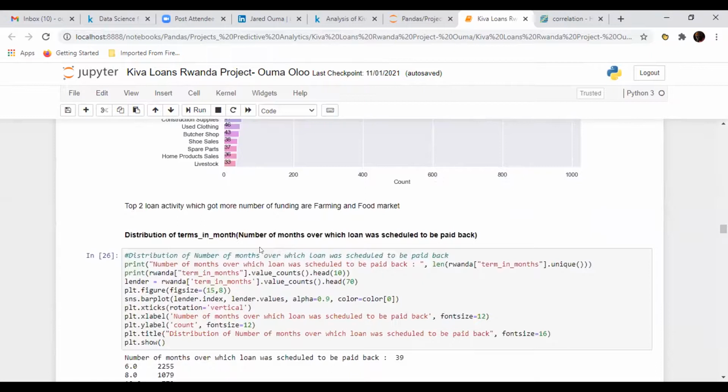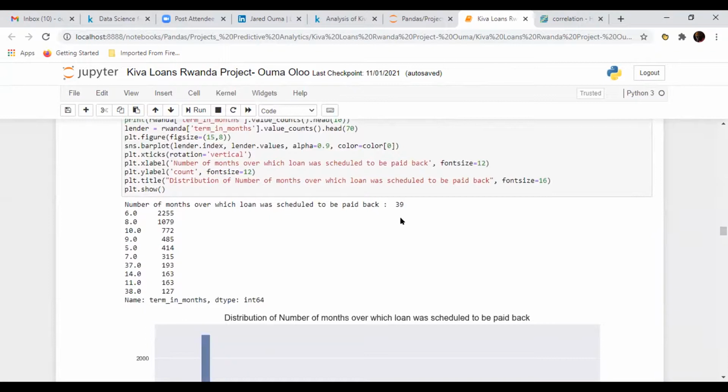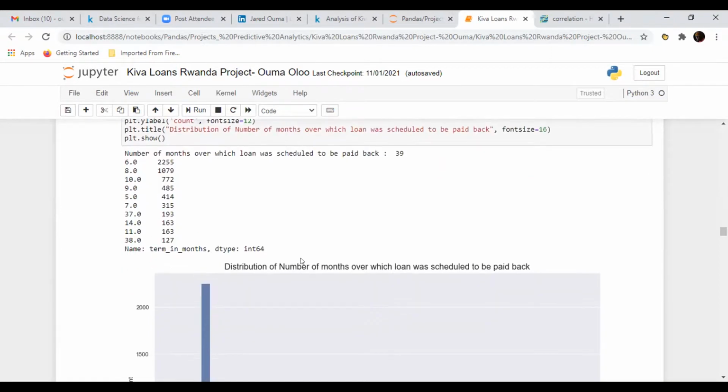Then I went ahead and did a distribution of terms in months, the number of months over which loans were scheduled to be paid back. So I read the data, and we got about 39 as the number of months over which loans were scheduled to be paid back, based on this data.